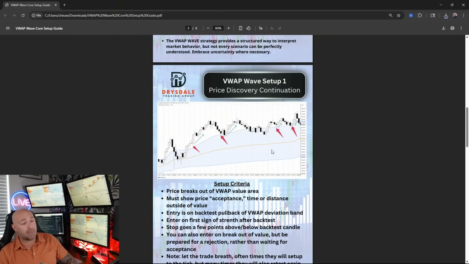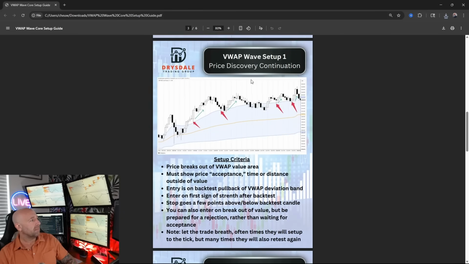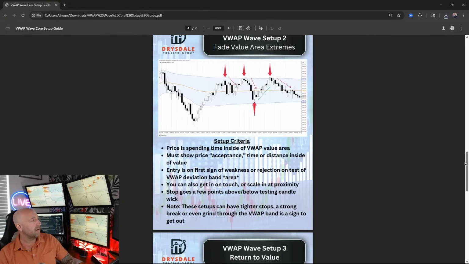Even though we're using VWAP, you should start looking at VWAP as well. But as far as the initial balance goes, the setups stay exactly the same. All the principles apply. So how you look at this is the upper band is initial balance high, the VWAP is the IB mid, and the lower band is the initial balance low. All right, so the price discovery continuation is going to be long off of the initial balance high, or a short off the initial balance low.